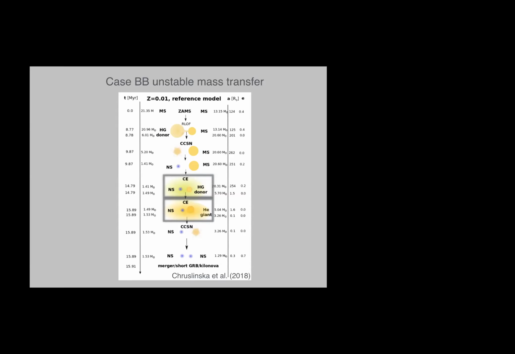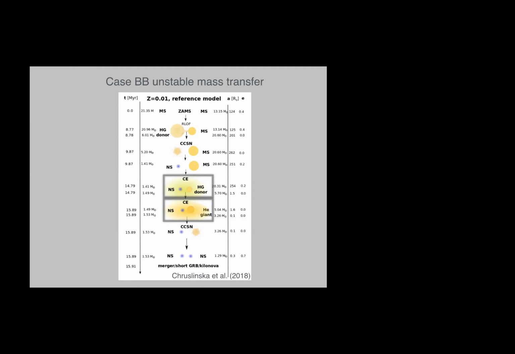That is when a neutron star rips off the hydrogen envelope of the donor, then subsequently also rips off the helium envelope of the secondary. The special thing about this process is that normally only one common envelope phase happens. There is a hydrogen envelope that is stripped, and then there is a core collapse supernova, and then the two neutron stars wait to merge.